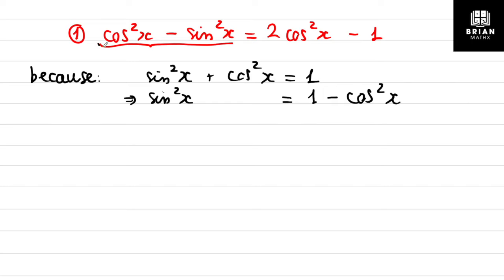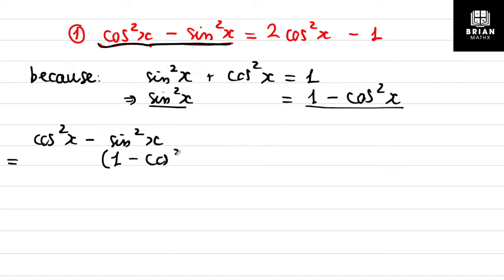Look at the left hand side of this expression: cos square x minus sine square x. I don't want to rewrite sine square here, but I will write 1 minus cos square x. Of course, I have to put it into brackets or parentheses.